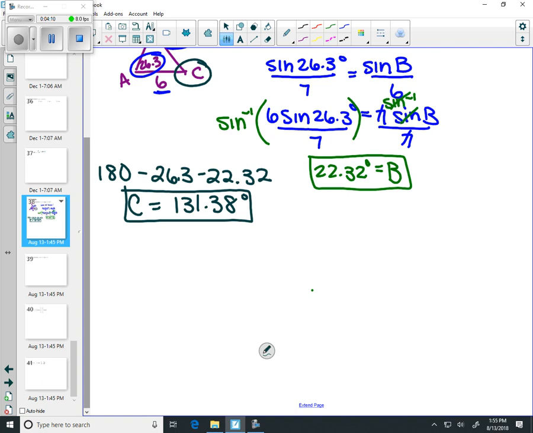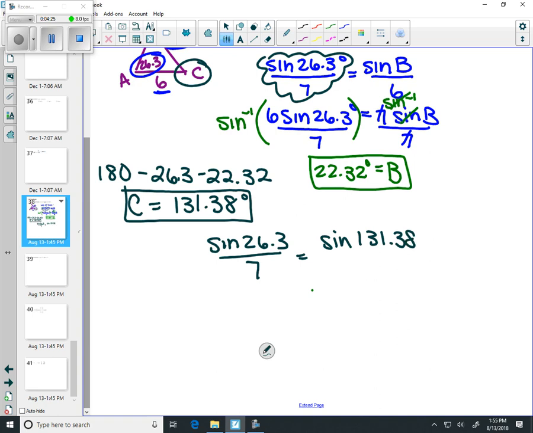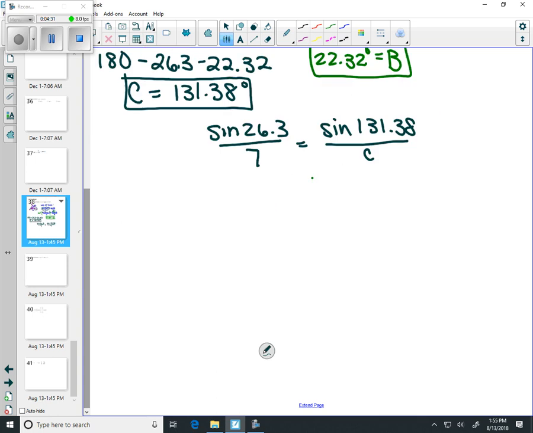Okay, I'm going to reuse this original ratio. I'm going to do sine of big C, and big C is 131.38, over little c. And now you can just cross multiply and divide.